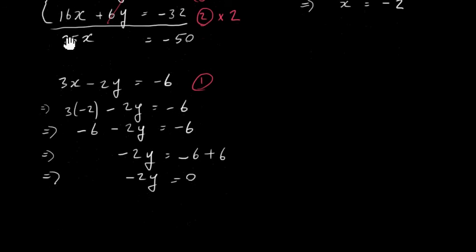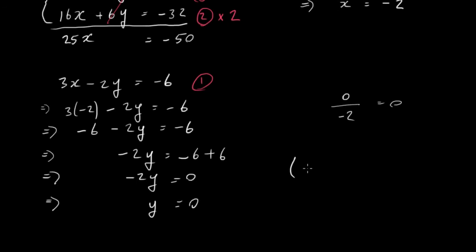So to get rid of this minus 2y, the minus 2 is multiplied by the y here, so I've got to divide by minus 2. Divide this side by minus 2, I'm just left with y. Divide this side by minus 2, 0 over minus 2 is just going to be 0. 0 divided by anything is just 0. So y here is going to be 0.